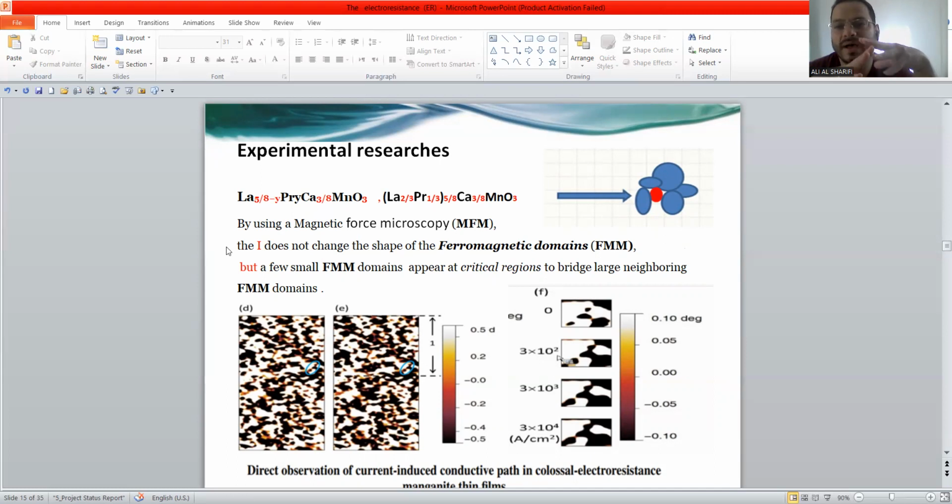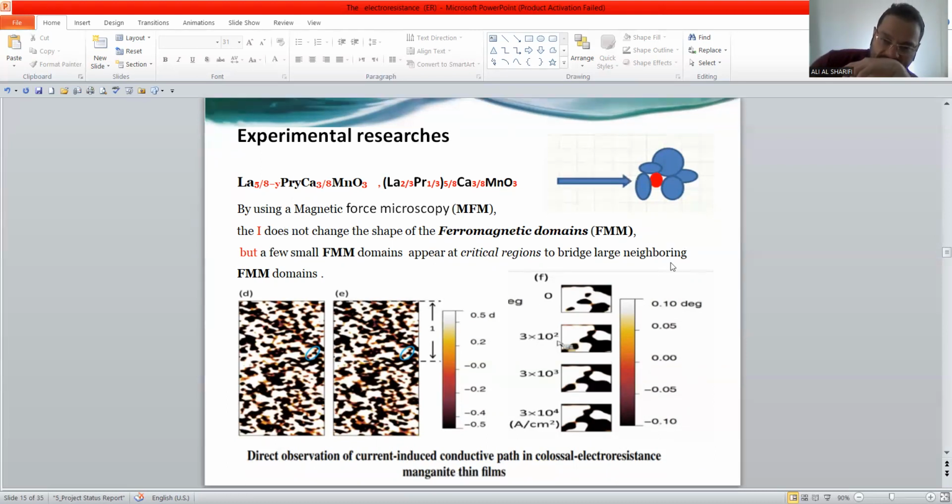Because by applying the current, all of these atoms will try to create a bridge between them, to bridge large neighboring ferromagnetic domains. Here, this is very clear and beneficial. Looking at an image like that, we have the distance between these two atoms at zero current.